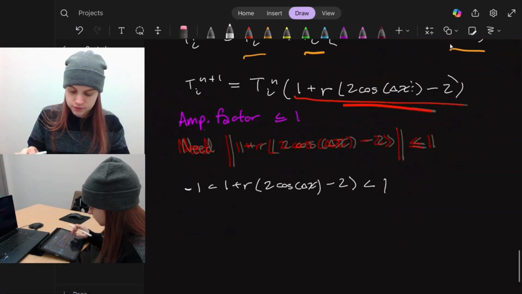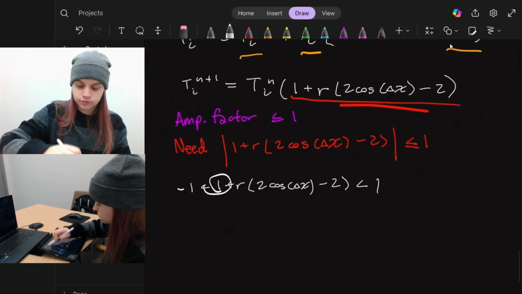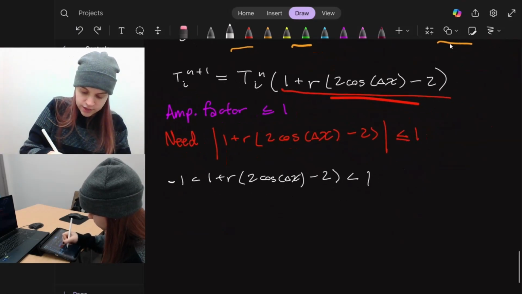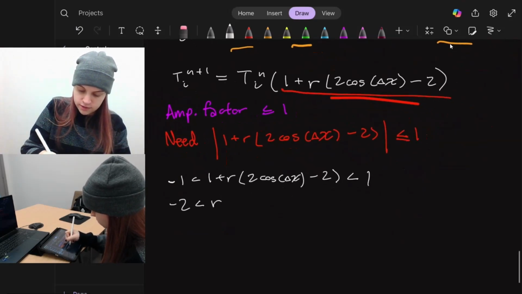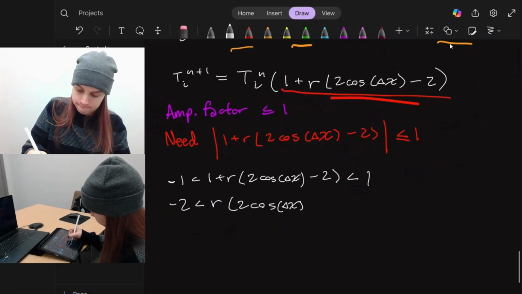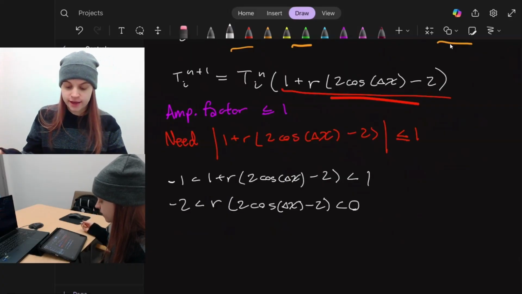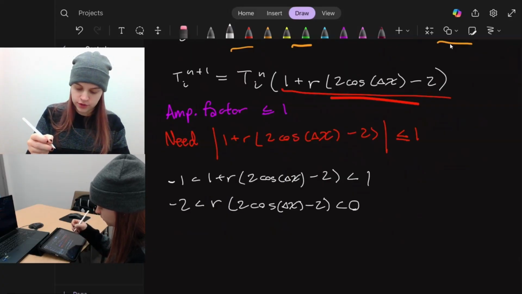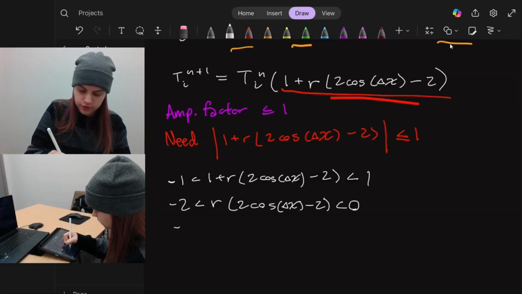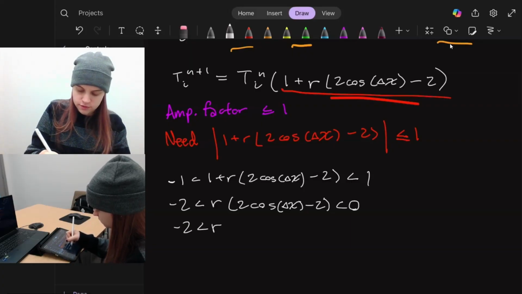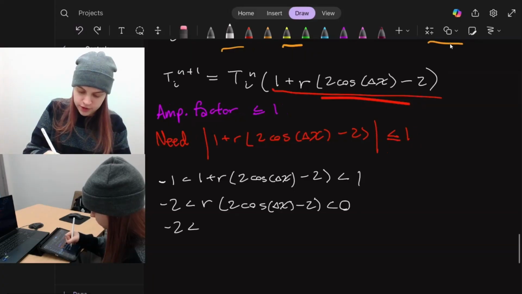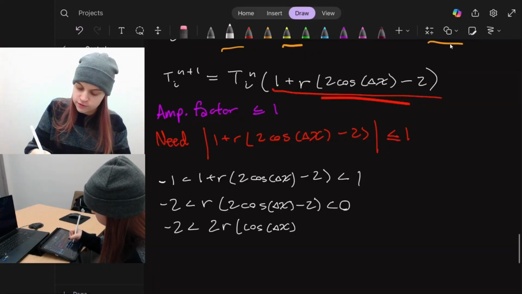Subtracting this 1, we then get -2 is less than this whole r term, 0 on the right-hand side. I'm also going to pull out this 2 and put it with the r so that we have the cosine term by itself.